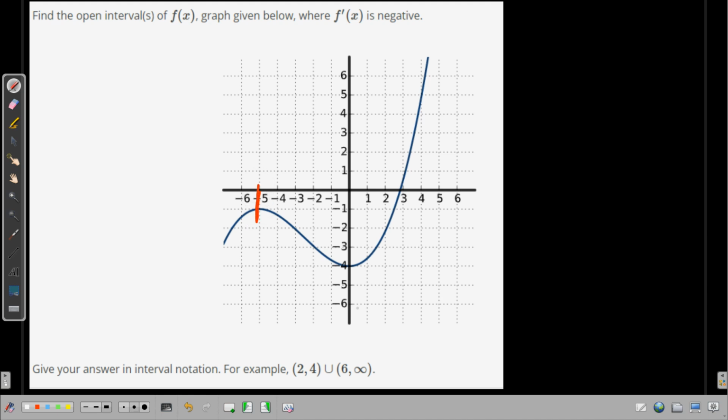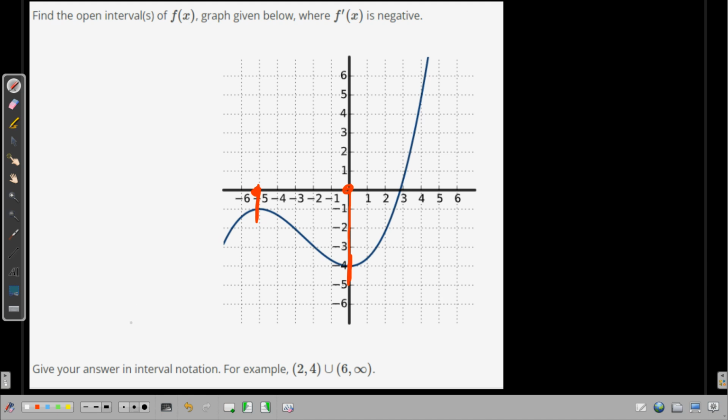And so it would be from minus 5 to 0, right? Between here and here on the x-axis, the slope of the tangent line is negative, so that's where f prime is negative, from -5 to 0.